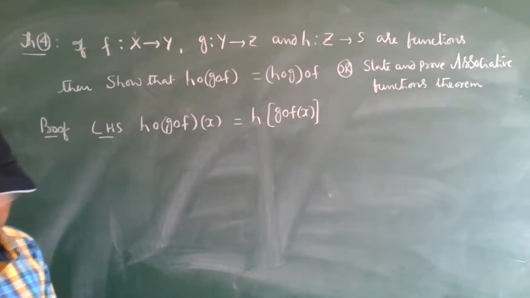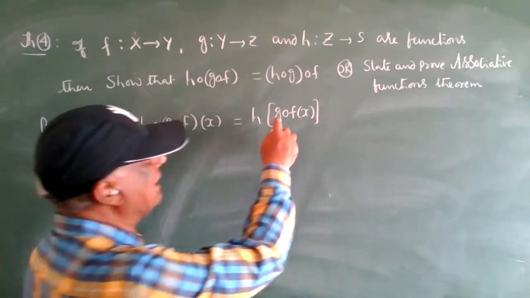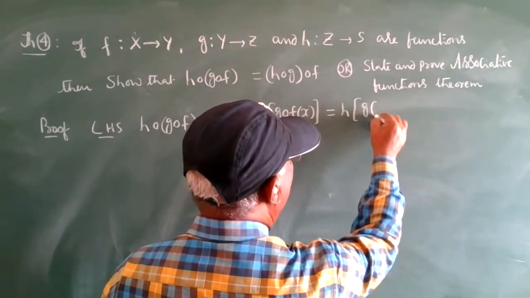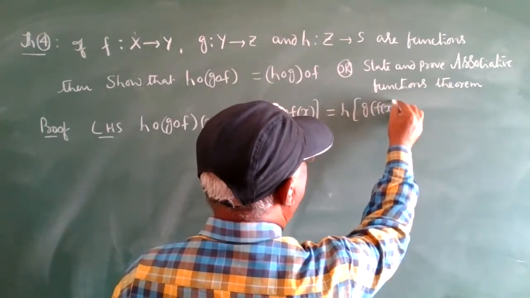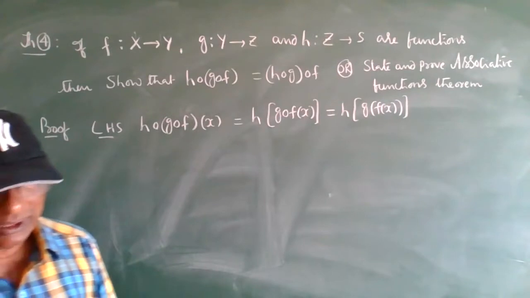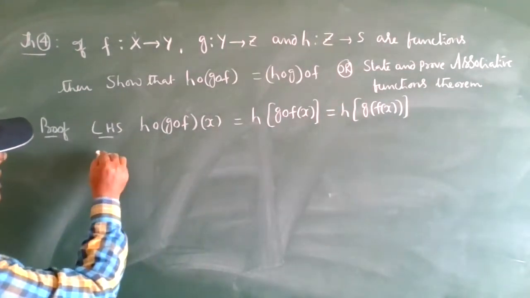First replace the circle: h of (g circle f) at x. Next the circle is replaced: h of g of f of x. Finish.